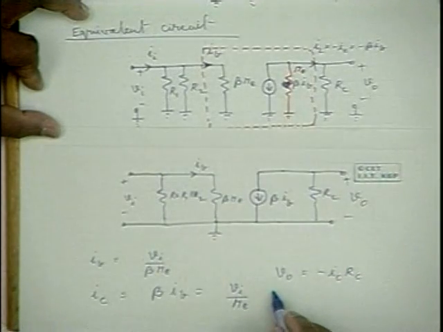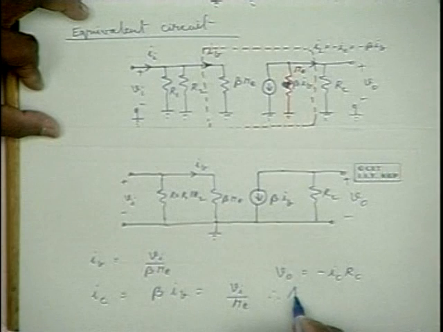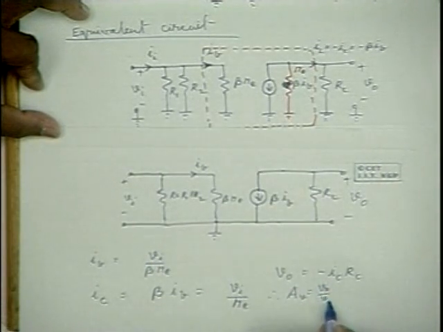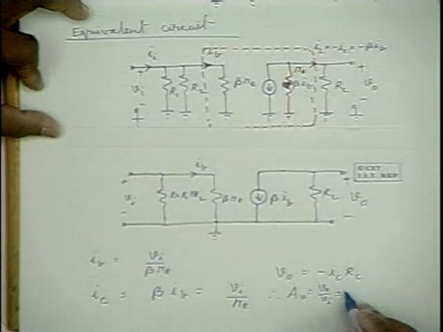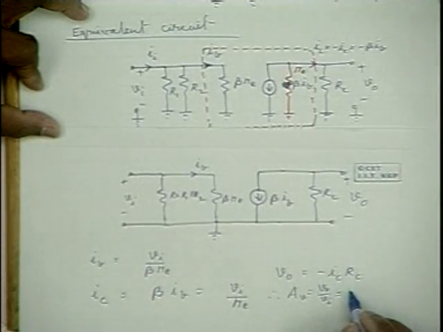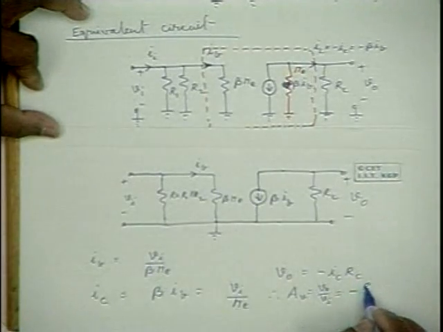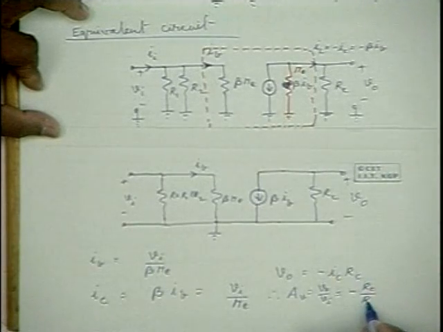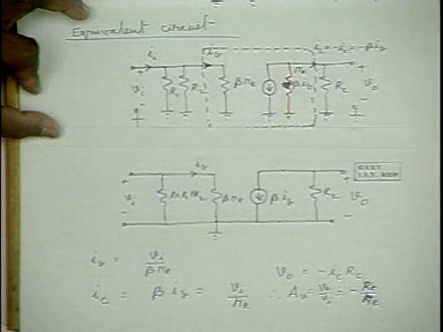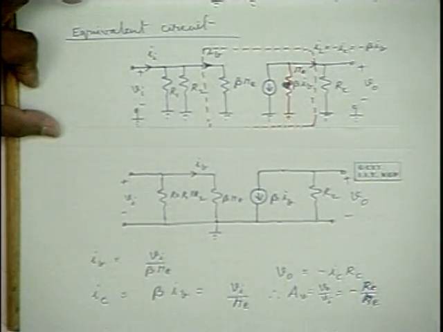Therefore, the voltage gain AV is equal to V0 by Vi, and by substituting this over here, you will find this as minus RC by Re. This is the expression for the voltage gain, minus RC by Re.